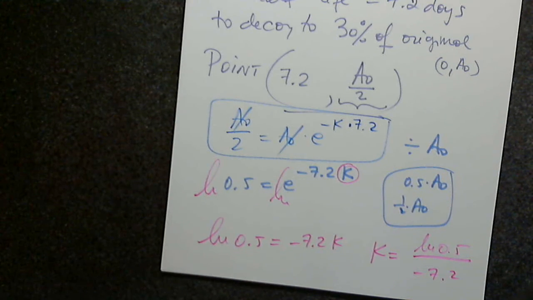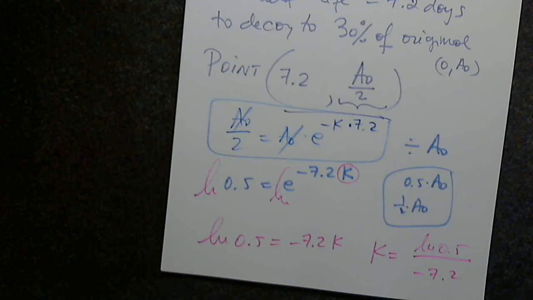So let's find k with the calculator. Please plug in natural log 0.5 divided by, in parentheses, careful, negative 7.2.